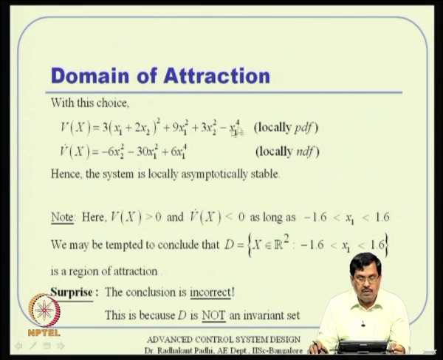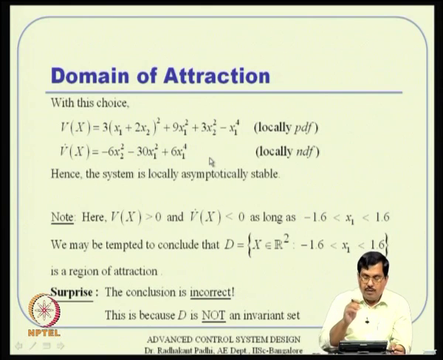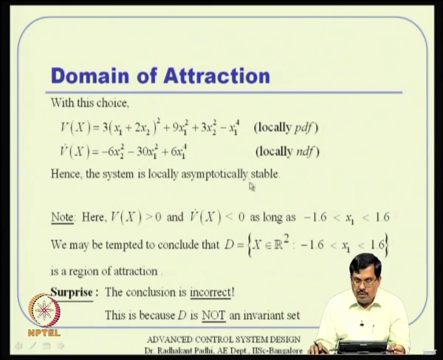So, the trouble making values are only x 1 terms. Now, we want to analyze the condition based on an x 1 bound, and it turns out that as long as x 1 is bounded below and above by minus 1.6 and plus 1.6, then V dot is guaranteed to be strictly less than 0. That means V dot is negative definite.